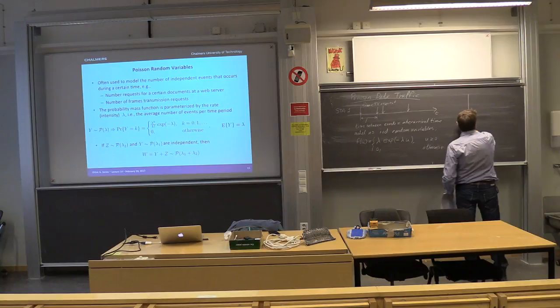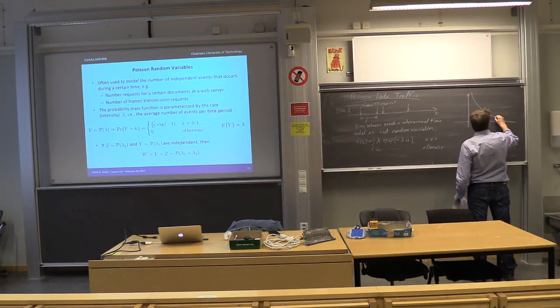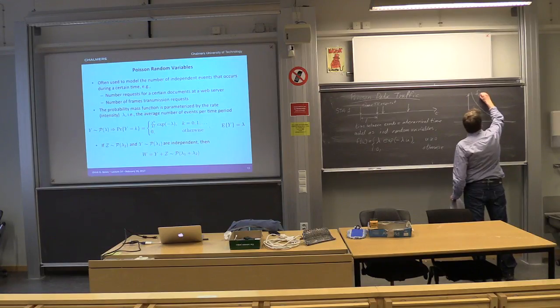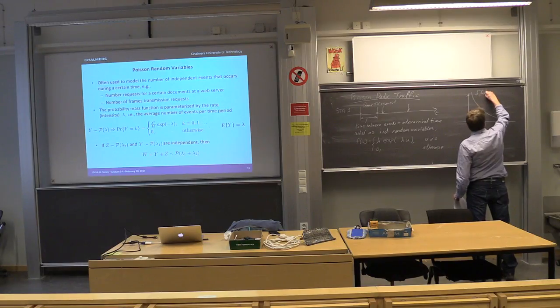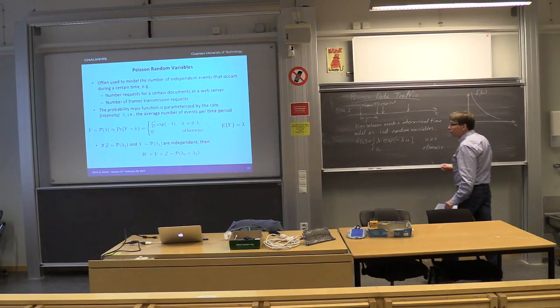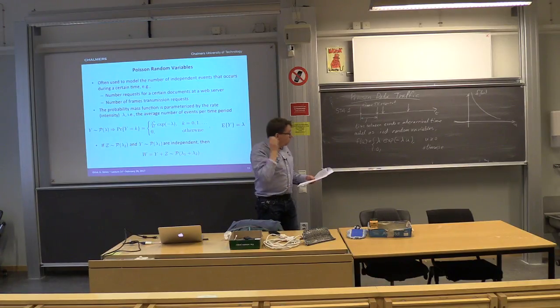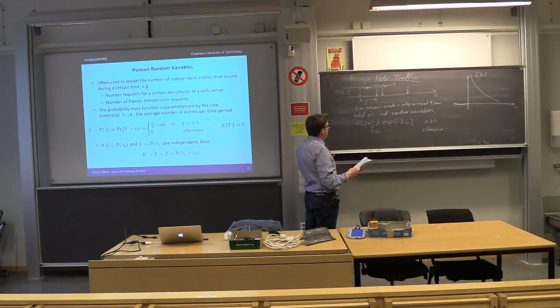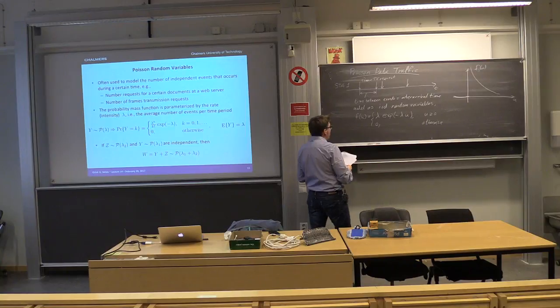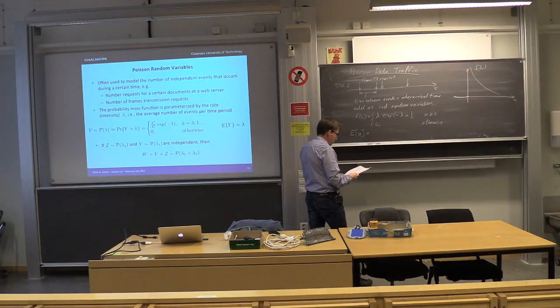So the probability density function is just a decaying exponential like this, and it's 0 for u less than 0. It turns out that the expected value of u is 1 over lambda.